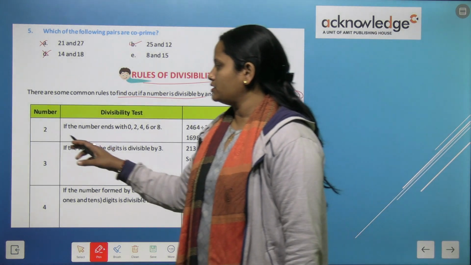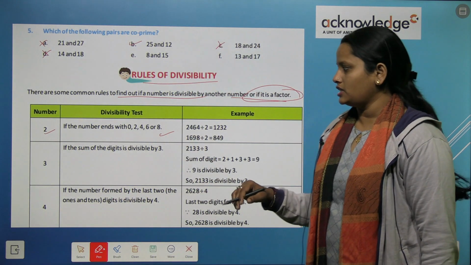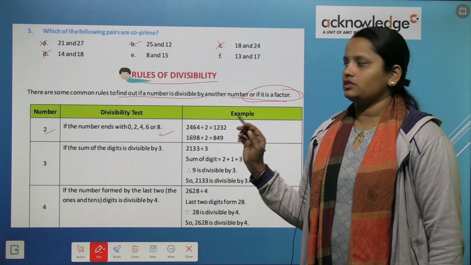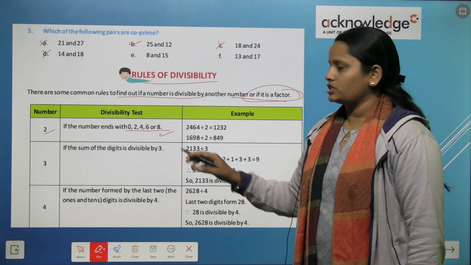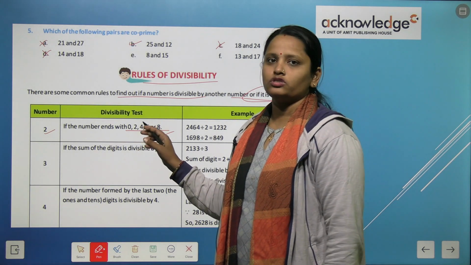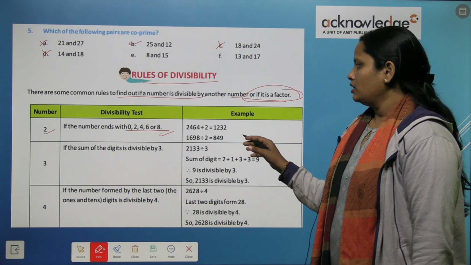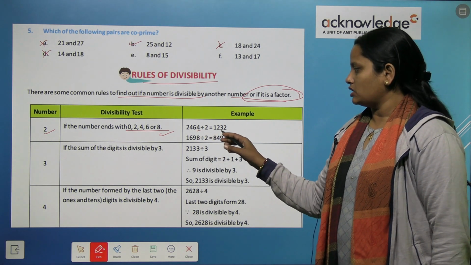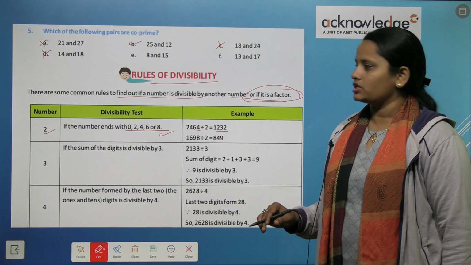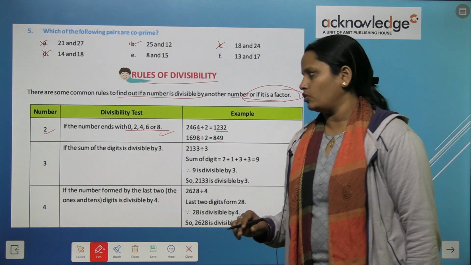So let's see the number 2 and its divisibility test is if the number ends in 0, 2, 4, 6, 8. अगर कोई भी नंबर जिसकी लास्ट में 0 आता है, 2, 4, 6 या 8 आता है वो नंबर 2 से डिविजिबल होगा. फॉर एग्जाम्पल यहाँ 4 है लास्ट में 2 से डिवाइड किया तो आंसर इज दिस, पूरी तरह से डिविजिबल हो गया. 8 लास्ट में है, 2 से डिवाइड हो गया.